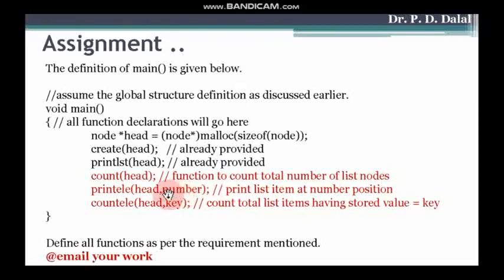For example, I call the print element head comma 3. Then you have to print the list item at third position. So in your linked list you have node 1, node 2, node 3. So you have to print node 3 value.